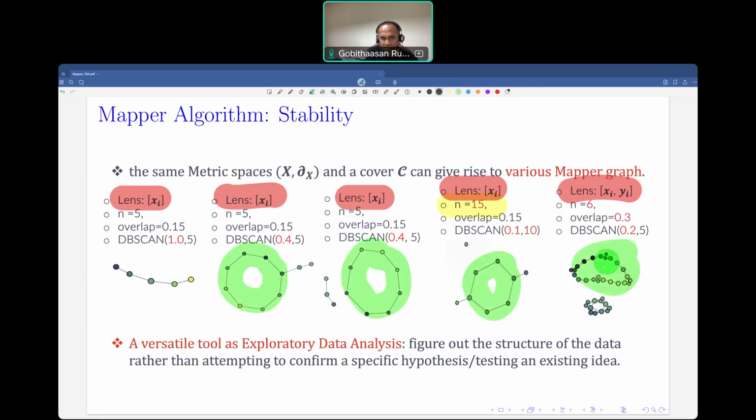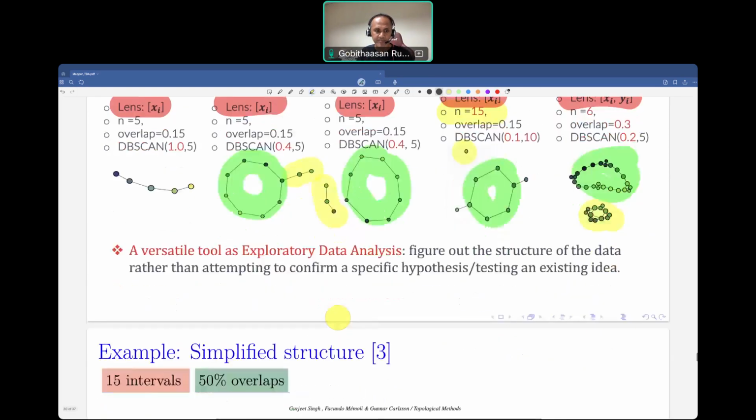Yeah, the loop is there. The not so prominent circle, the very small one, is showing itself either by a flare or by a connected component. Yeah, as you can see, right? So this is how we then infer your data. So of course you get to investigate. You can directly investigate from the mapper algorithm.